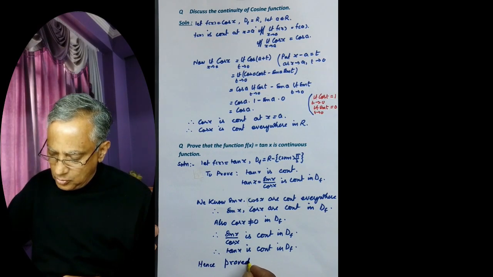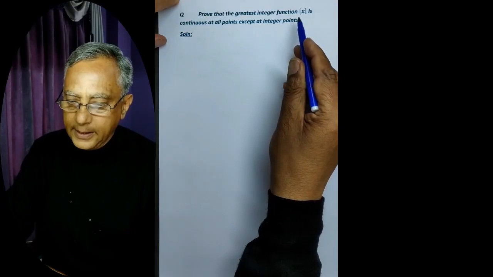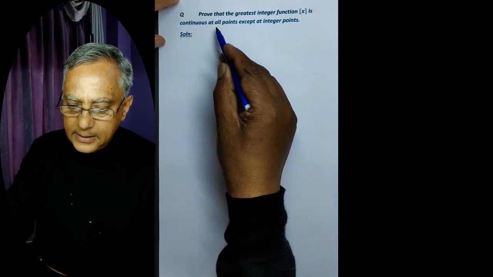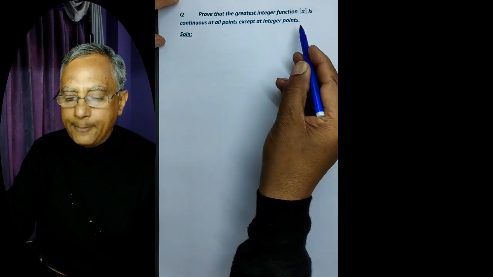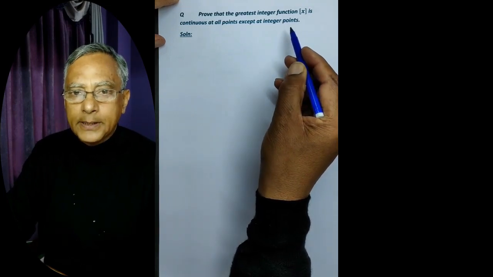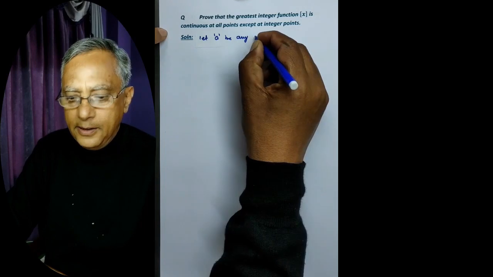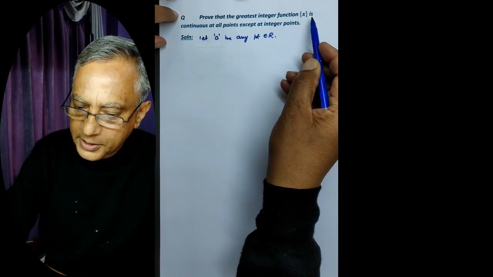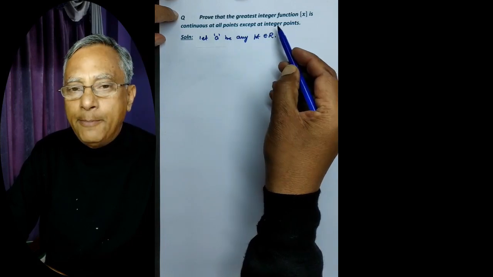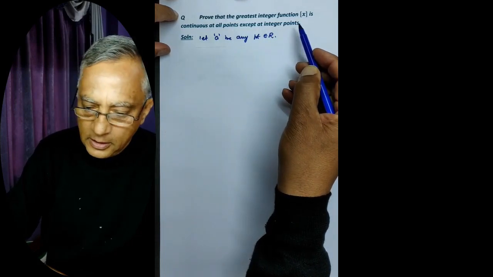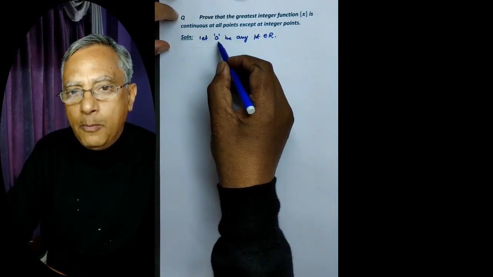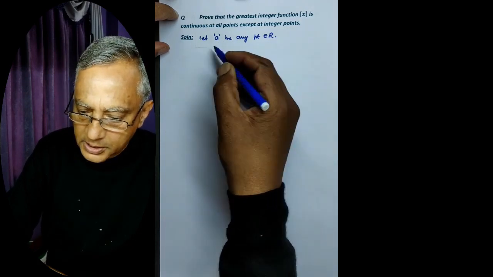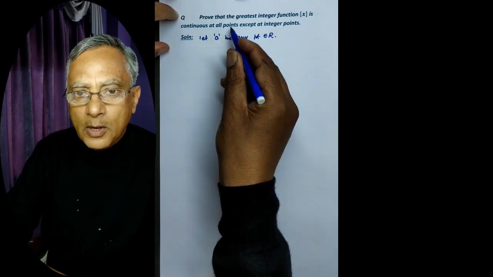Prove that the greatest integer function, integral value of x, is continuous at all points except at integral points. Let a be any real number. Now to prove that the greatest integer function is continuous at all points except at integer points, we will take a general point on the real line and discuss the continuity at this point.